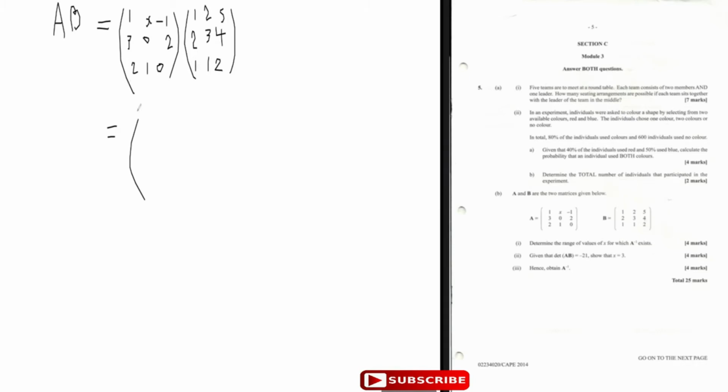So that just becomes 2x goes here. Then row times this column is 2 plus 3x minus 1. But the 2 minus 1 is 1. So it's really 1 plus 3x.